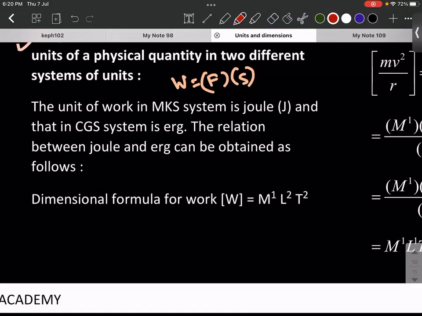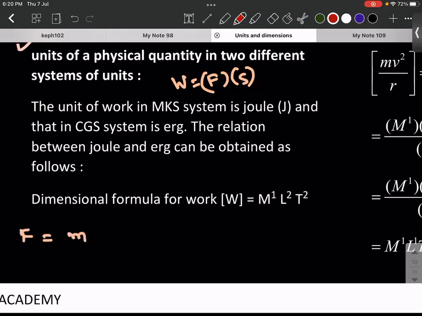Now the relation between joule and erg can be obtained using dimensional analysis. How are we going to do that? I told you work done is equal to force into displacement. What is the dimensional formula of force? Do not know it as of now, but let's try to write.